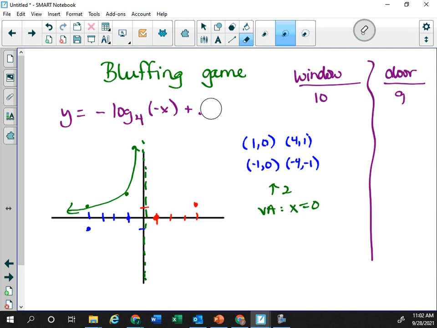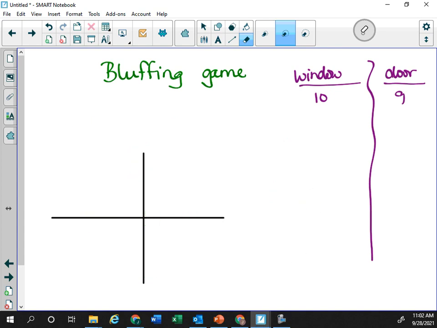Let's graph something else. Let's graph an exponential here.